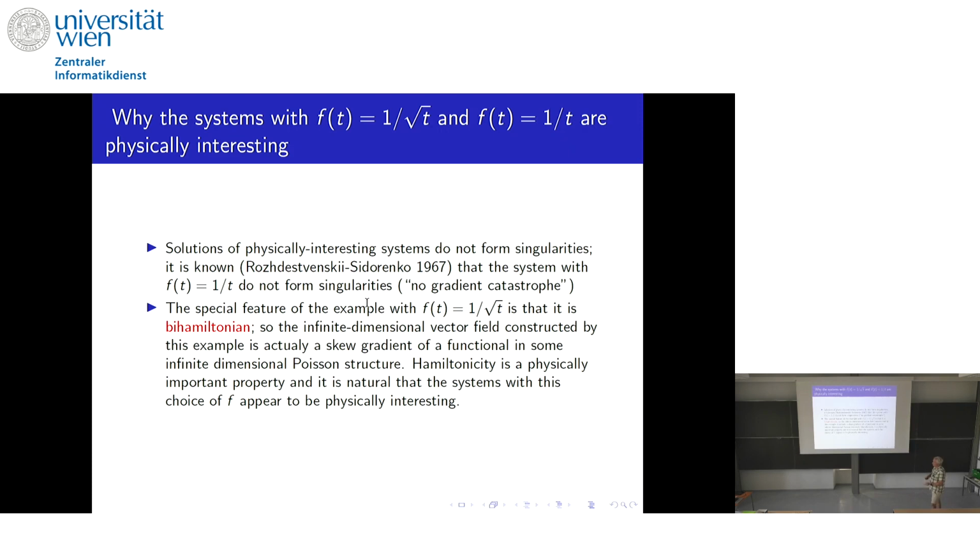Hamiltonicity is a physically important property. Most systems found so far which are physically interesting are Hamiltonian. So the system for this choice appears to be interesting, and one can show that only this choice gives us a bi-Hamiltonian structure. Maybe there are more Hamiltonian choices, but bi-Hamiltonian gives us only this one.